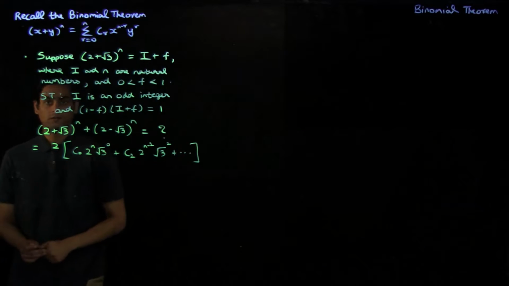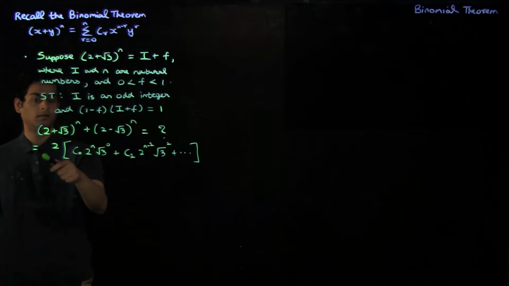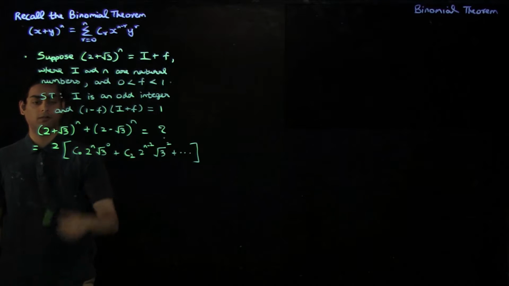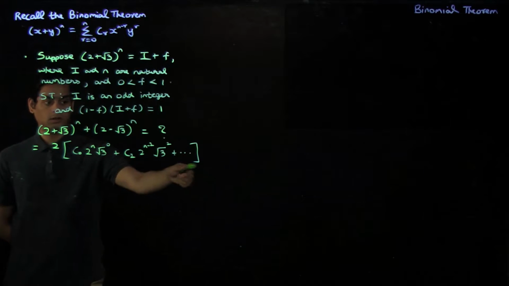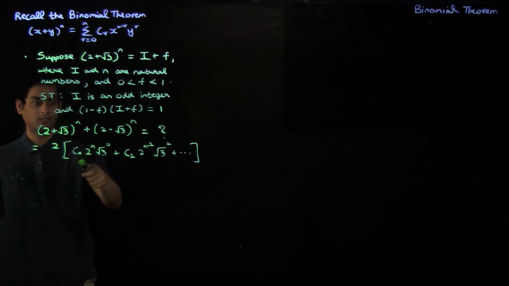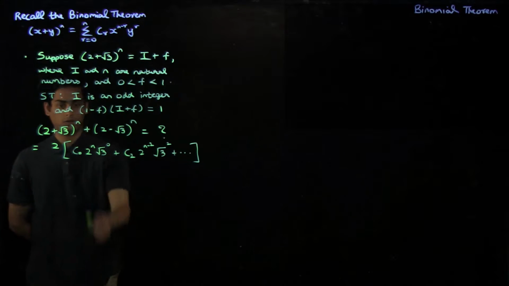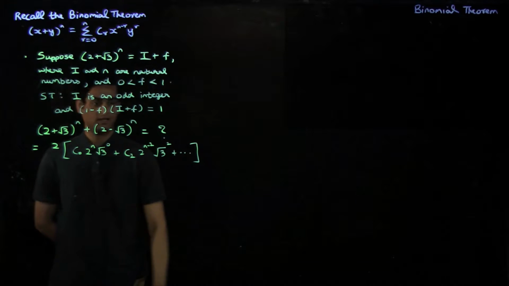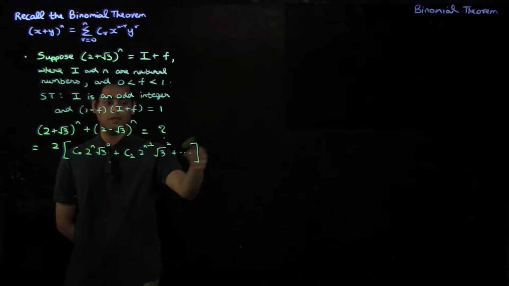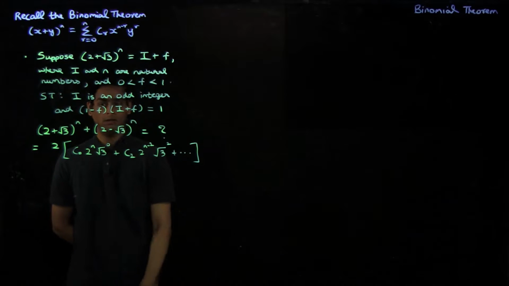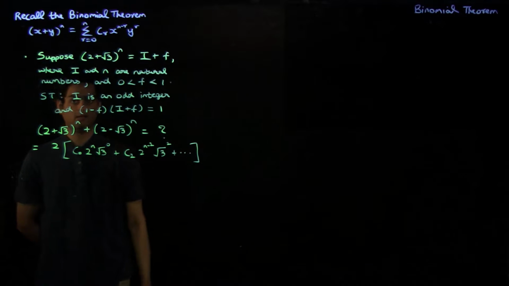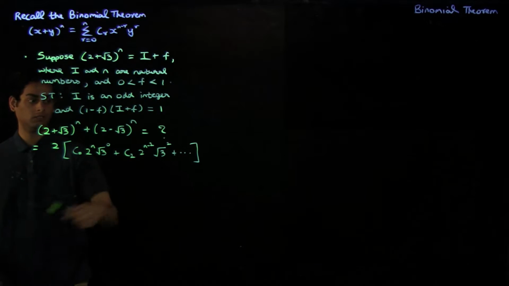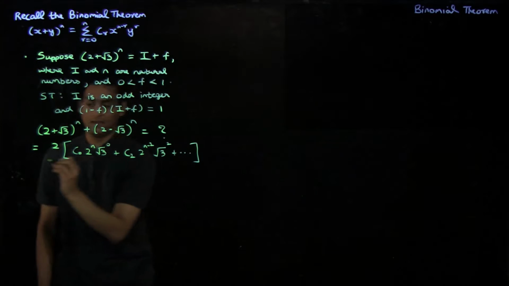So what this serves to illustrate is that this summation of (2 + √3)^n and (2 − √3)^n is 2 times this expression, and you notice that each term in this expression is an integer because all the Crs here are integers, 2^(n−r) are integers, and √3 raised to an even power is always going to be an integer. So the term within the parentheses is an integer, and this whole integer is multiplied by 2, and so this means that this is an even integer.